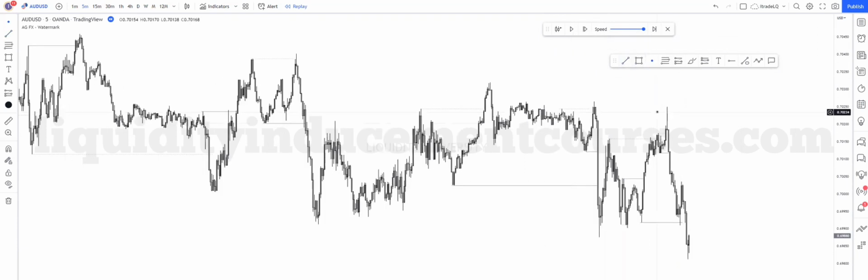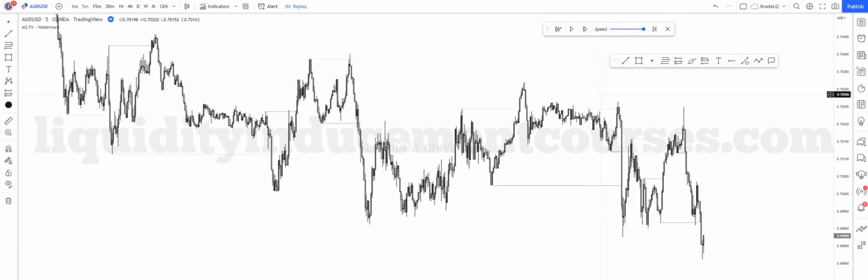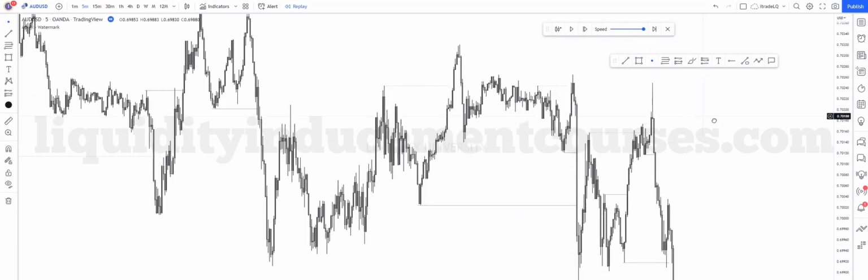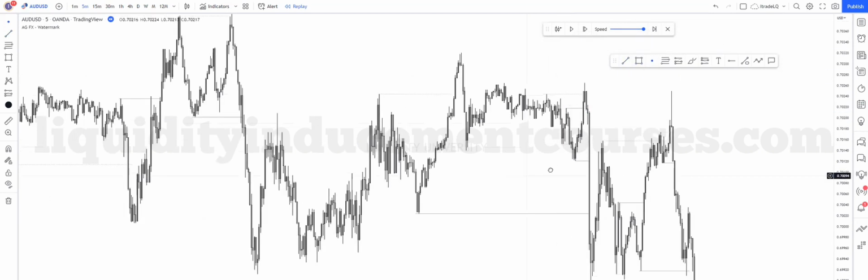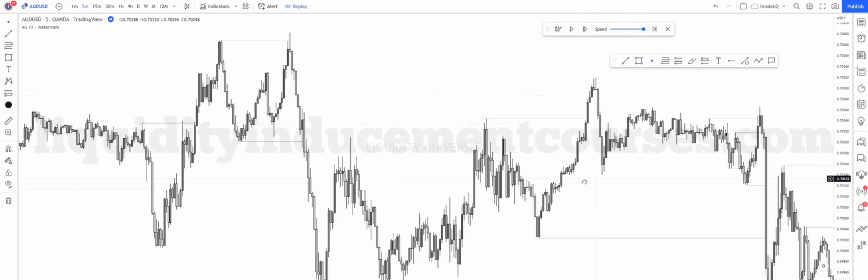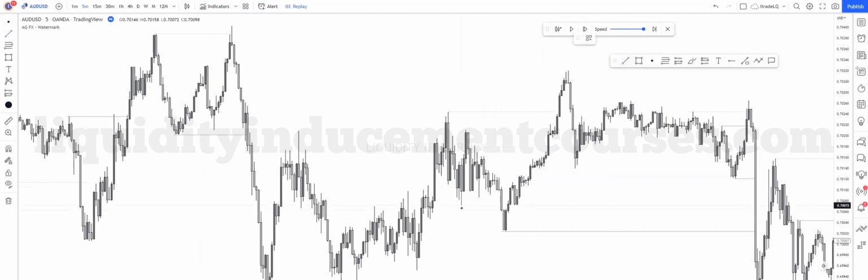There we go. Let's see. Just trying to find the obvious ones. Strong low right here. All right, take out liquidity. Just choosing the most recent low right there.